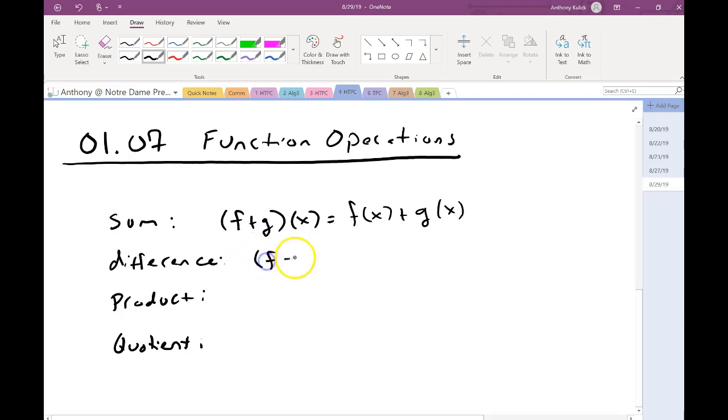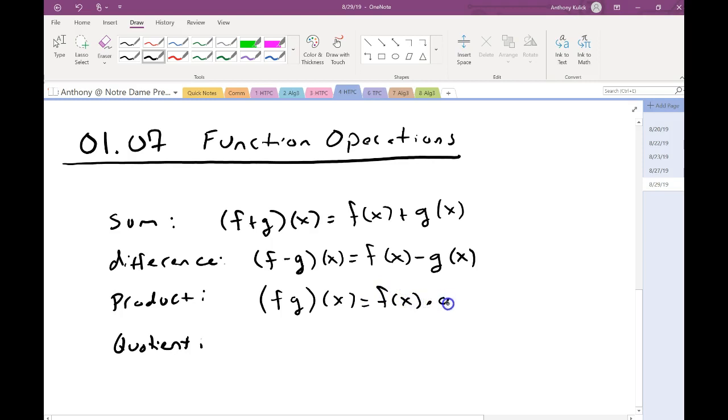Similar with subtraction. To do the difference of two functions, we'll just take the difference of the two individuals. For product, same. F times g of x is the same thing as f of x times g of x.